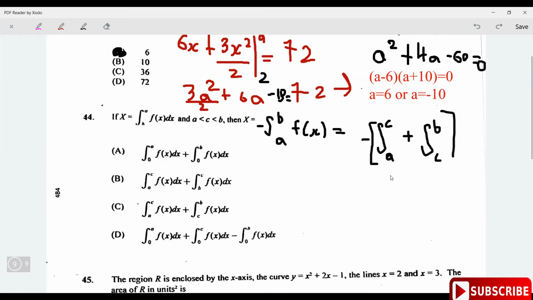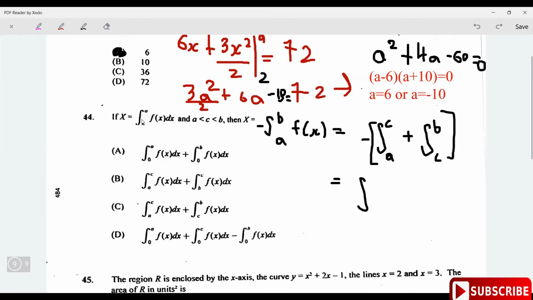But you can also rewrite this as the integral from c to a plus from b to c. But that wouldn't work. Integral from a to c plus the integral from c to b.